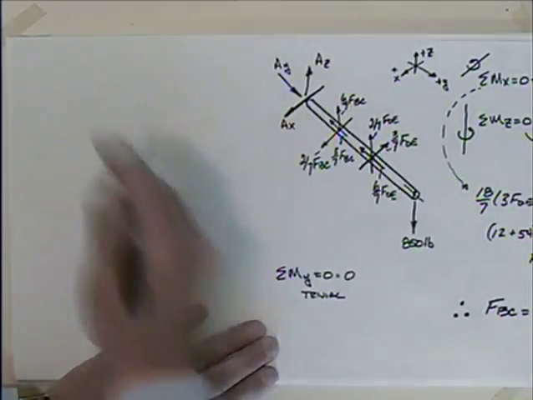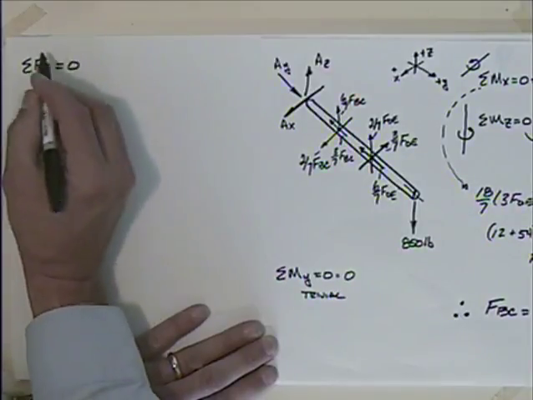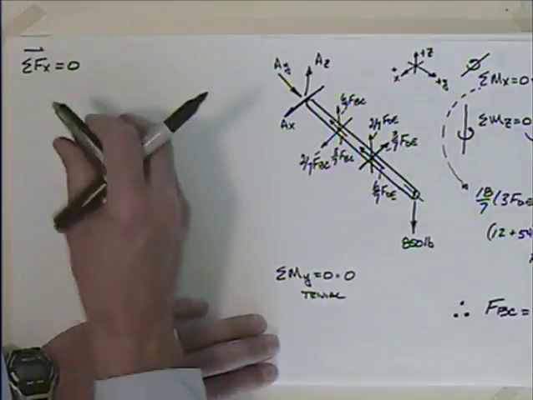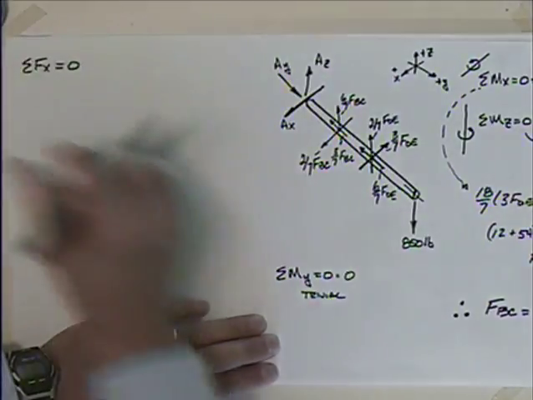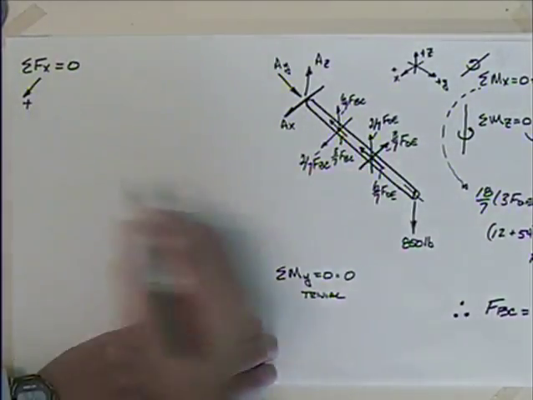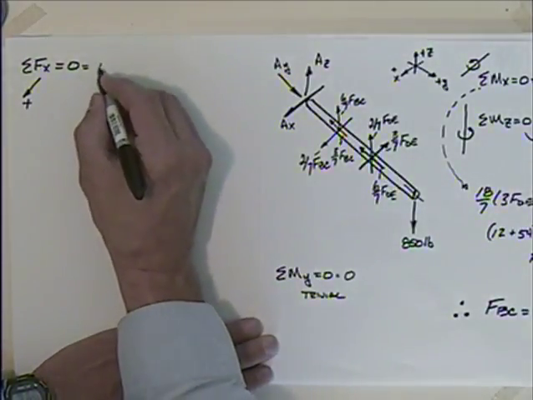So I could say that the sum of the forces in the x is equal to 0, and I'll just go ahead and take positive x. Which way is positive x there? There's positive x, so I'm looking at that as positive.